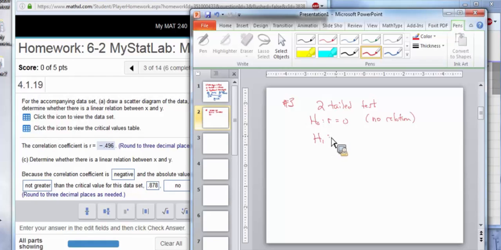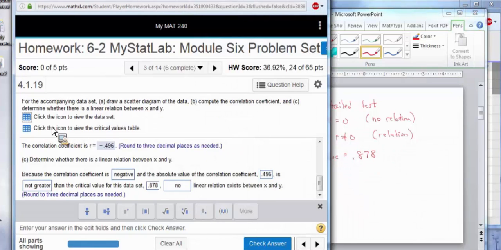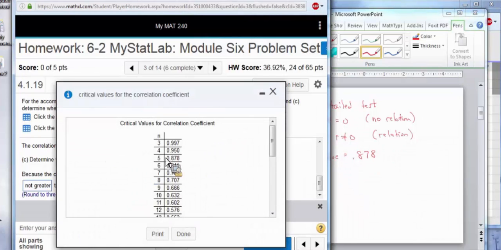The alternative, this is a two-tailed test, is that the correlation is not 0. So there is a relation. According to this table, the critical value is 0.878. Because when I clicked on it, wrong one, we have 5 data values. N equals 5 means the critical value is 0.878.